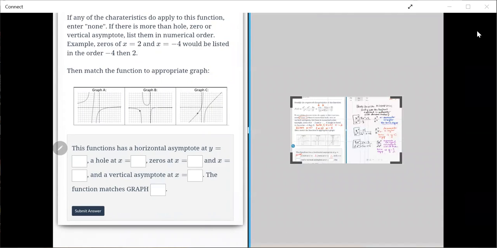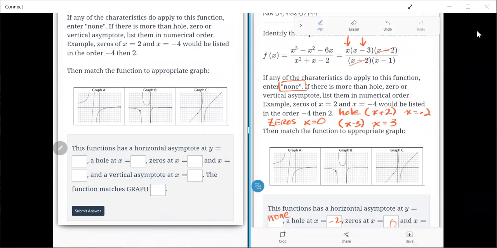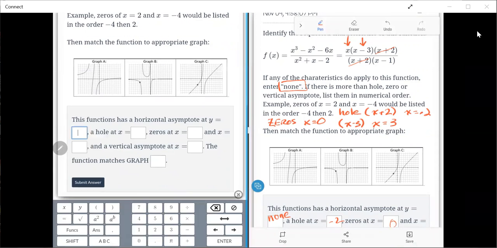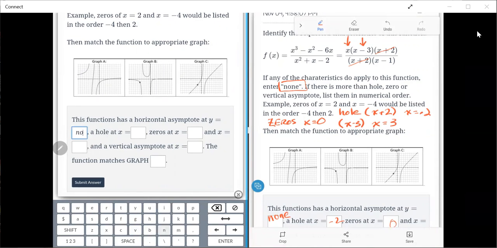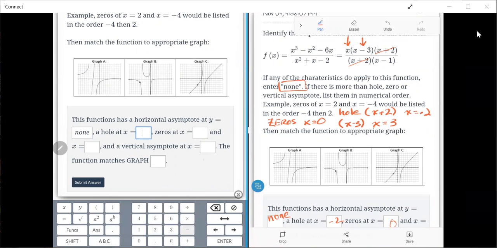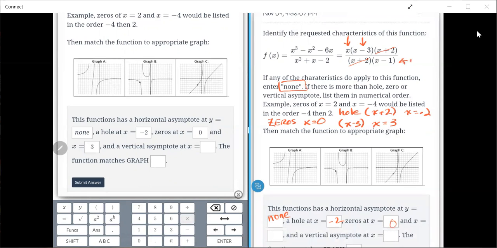I'm going to put them over here, so I'm going to have space over here. So this was none. And we said this was -2. And our zeros, one of them is at 0, and the other one's at 3. And then vertical asymptote is in the denominator, and that's x minus 1.